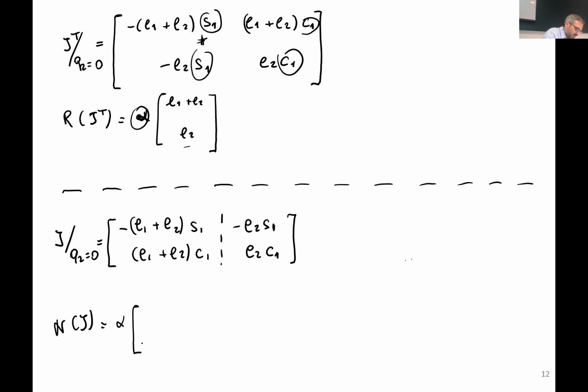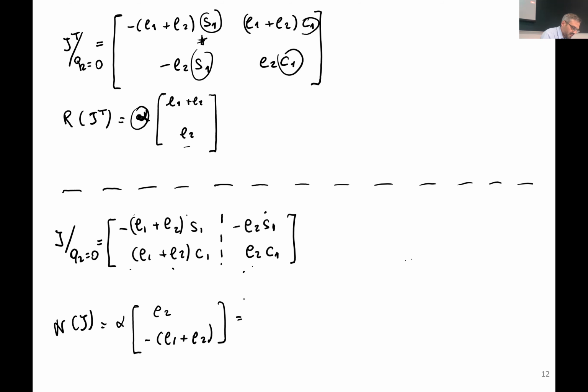And if we choose, for example, L2 and minus L1 plus L2, we can see that these two terms will be zeroing, and if we multiply for the second row, also these two terms are going to zero.